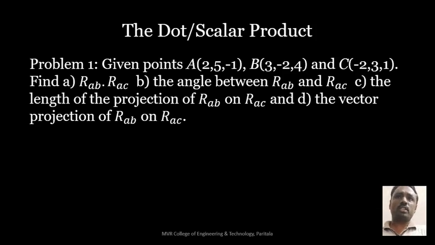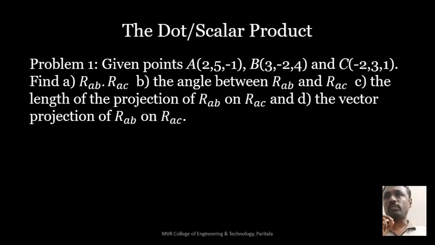So there are 3 points given: point A, point B and point C. Now we have to represent the vectors small RA bar, small RB bar and small RC bar. What are those vectors? Small RA bar is 2 into AX bar plus 5 into AY bar, not plus here, minus AZ bar. So simply write those components: 2, 5 and minus 1.